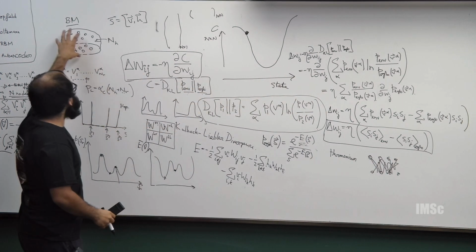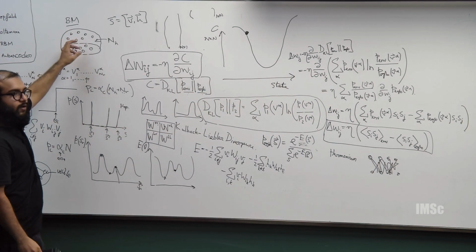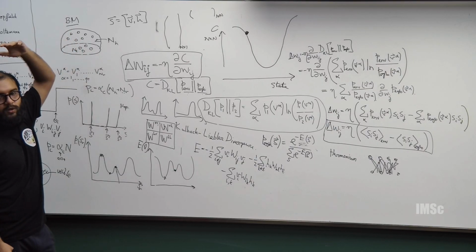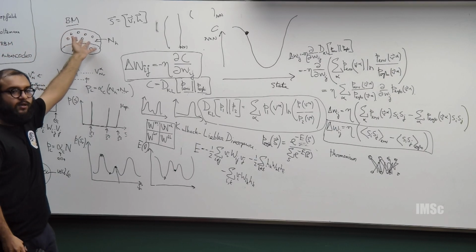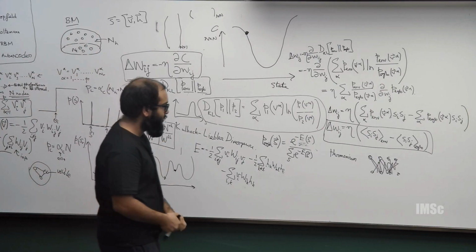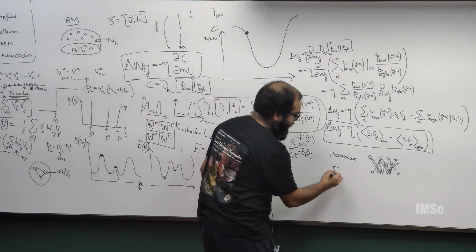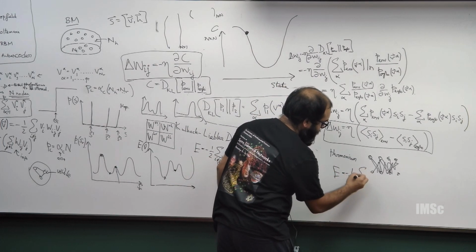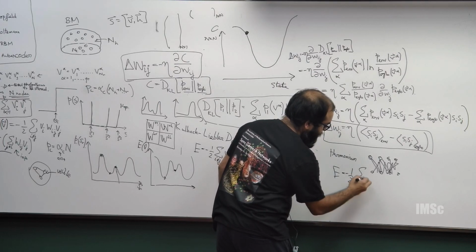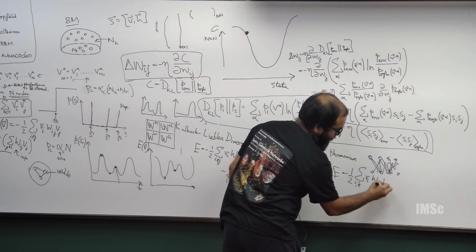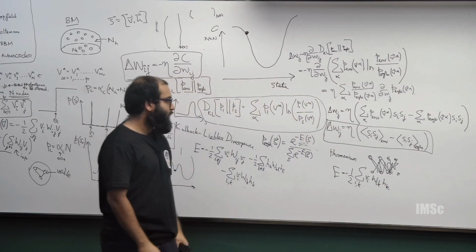So if you think of this structure, there are connections everywhere. Now, what harmonium is essentially, you strip out all the connections inside the visible and all the connections inside the hidden, and just keep the cross connections. So you arrive at an energy function which looks like this.